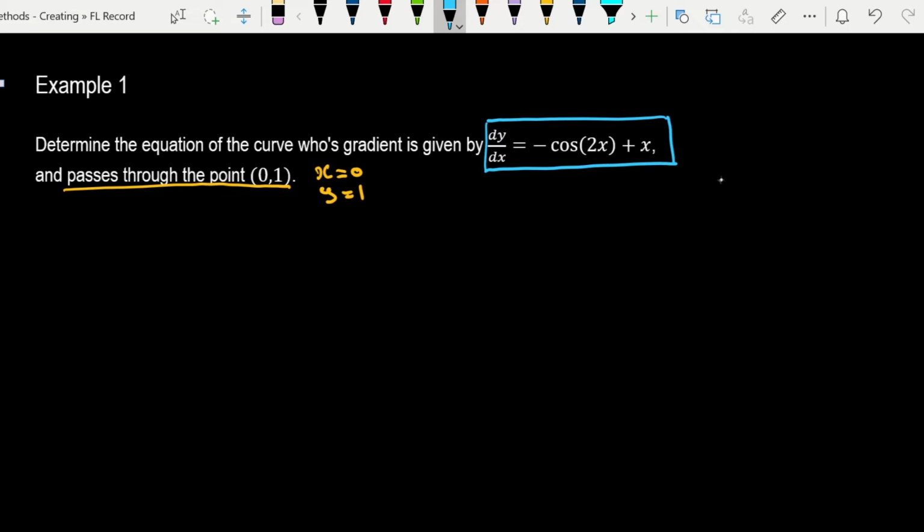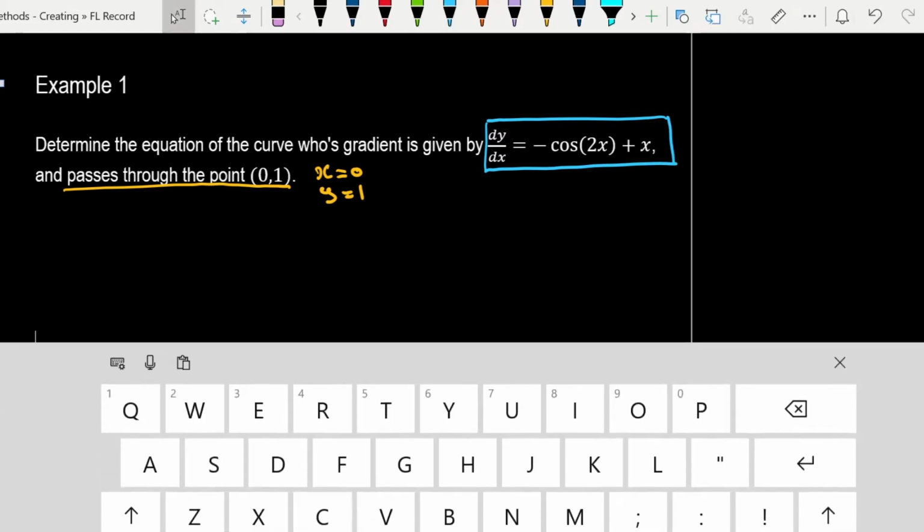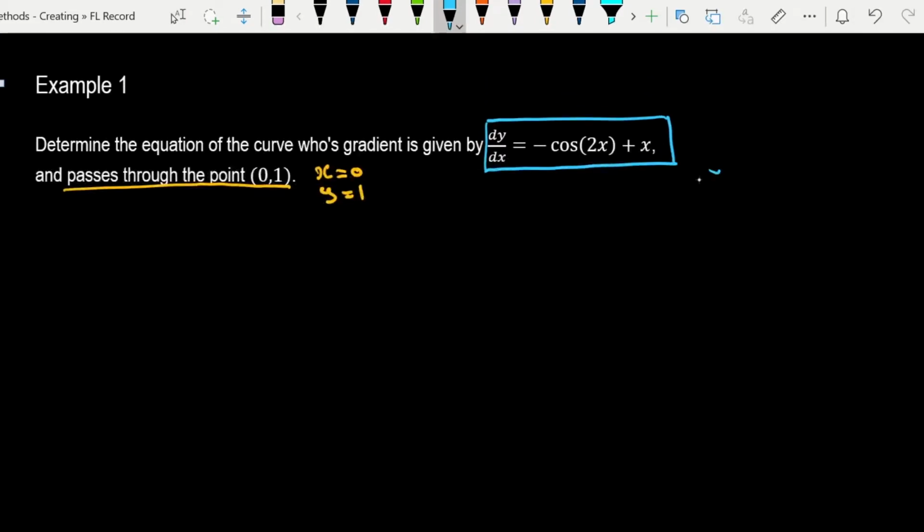Now I'm going to have to use my methods of integration here, and so I just don't want to bugger anything up. And so if I'm at negative cos and I take the antiderivative or the integral, I'm going to get negative sine.